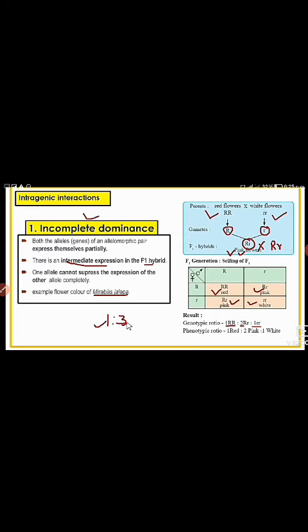In a monohybrid cross it is 3 to 1, but in incomplete dominance, the allelomorphic pair expresses red, pink and white in the ratio of 1 to 2 to 1. It's called incomplete dominance.